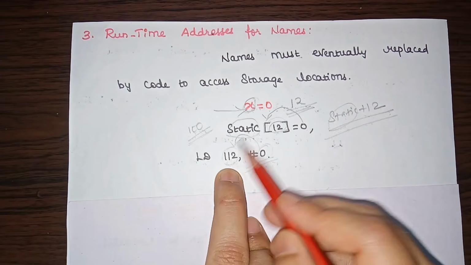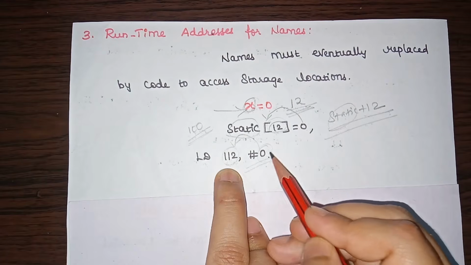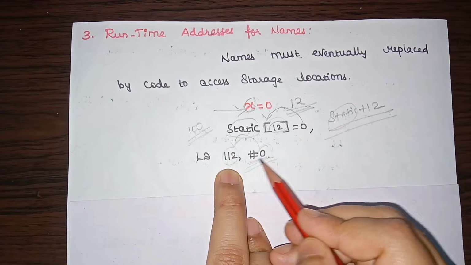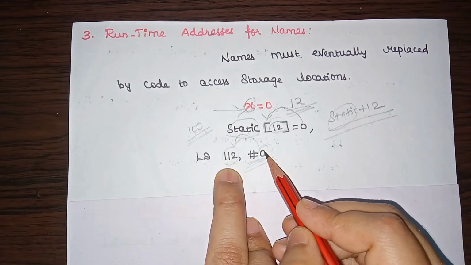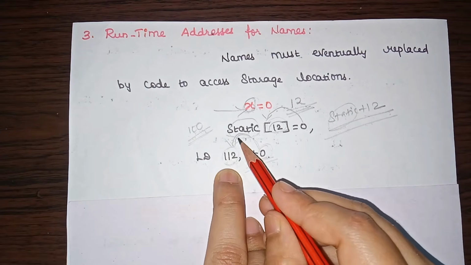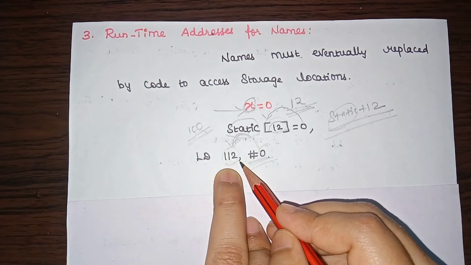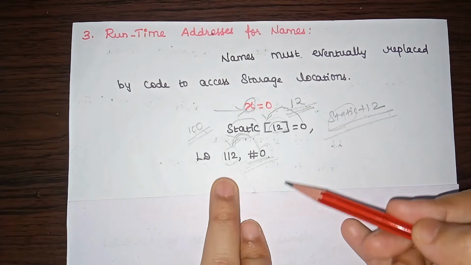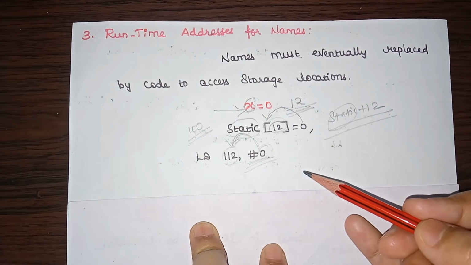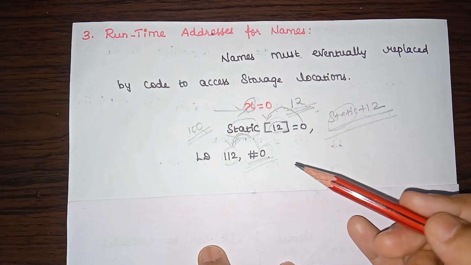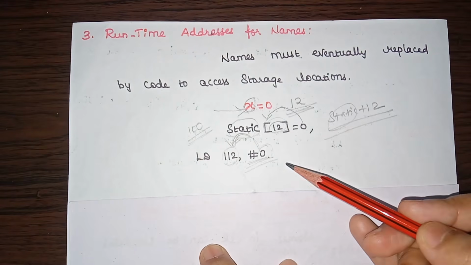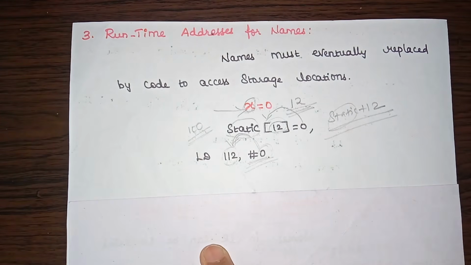So we are going to load the value 0, using the immediate addressing mode. The value 0 is loaded into location 112. This is how we can translate a 3 address code into target machine code for this runtime address.